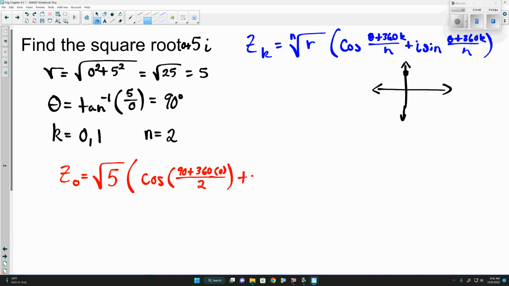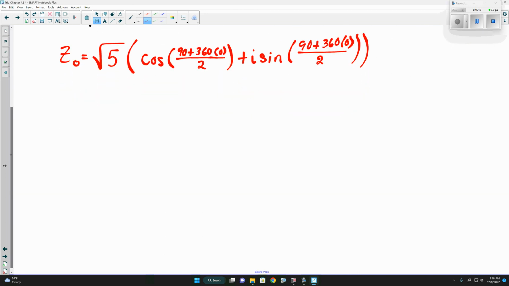Now we have plus i sine of 90 plus 360 times 0, all over n. Square root of 5. And again, at this point, you could type this into the calculator.